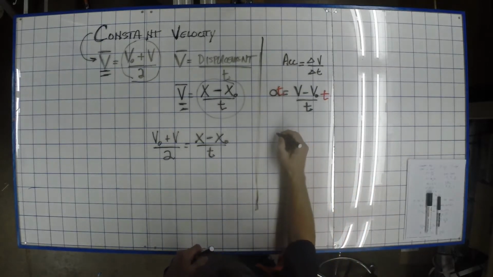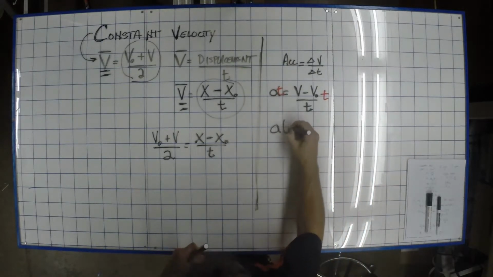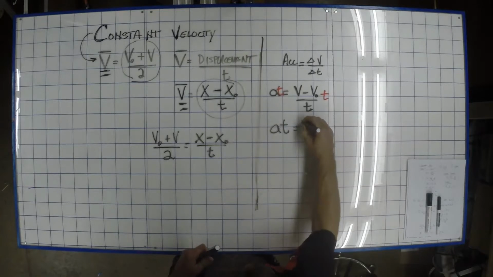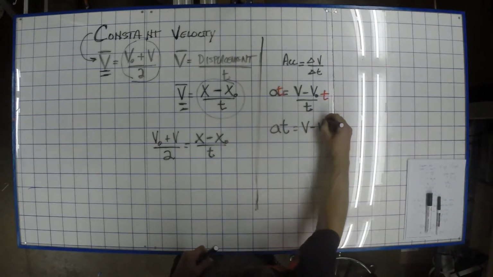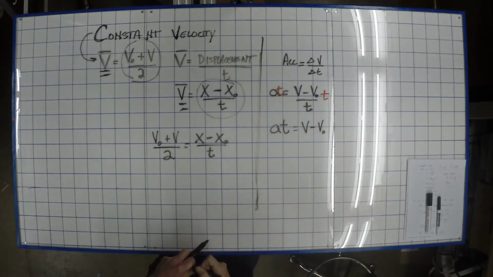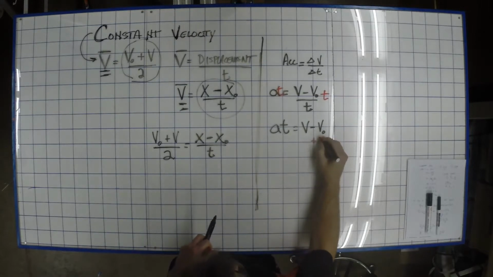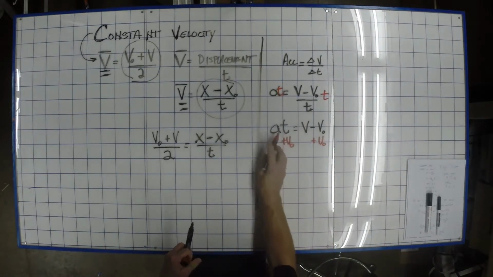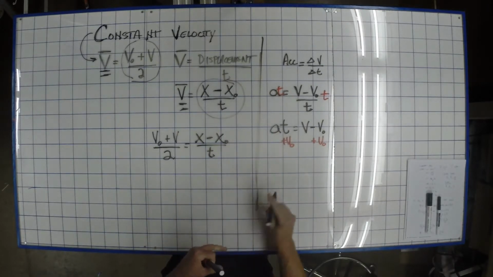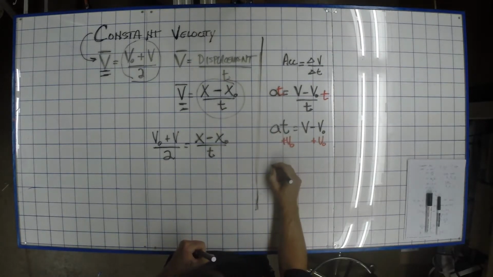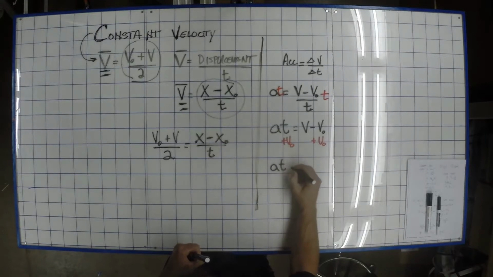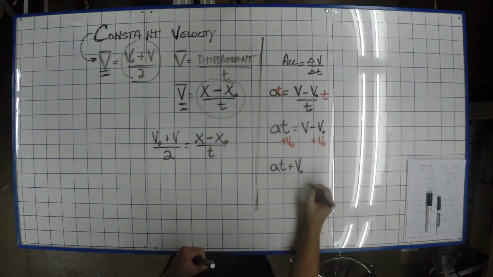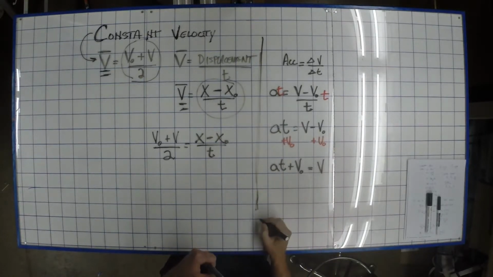And that's going to give me acceleration times time equals final velocity minus initial. Next, I'm going to add that initial velocity to both sides. Now, of course, over here, you really can't combine those two. They're different terms. So we just end up with acceleration times time plus initial velocity is our final.